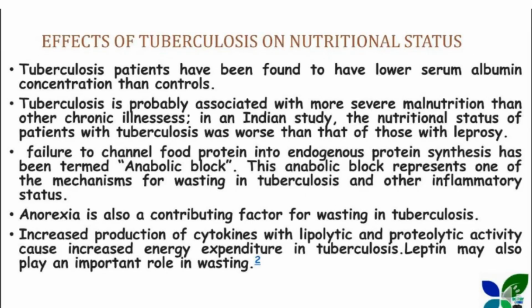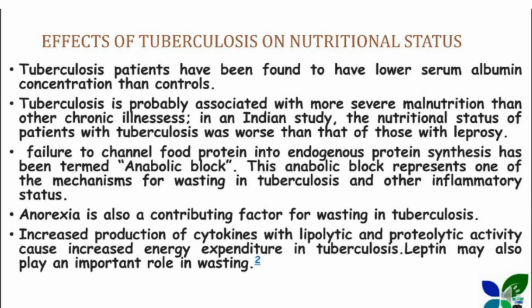Effects of tuberculosis on nutritional status. Tuberculosis patients have been found to have lower serum albumin concentration than controls. Tuberculosis is probably associated with more severe malnutrition than other chronic illnesses. In an Indian study, the nutritional status of patients with tuberculosis was worse than that of those with leprosy.